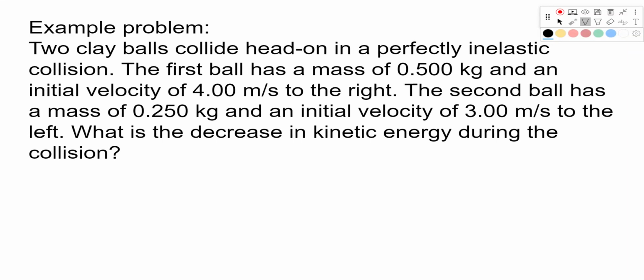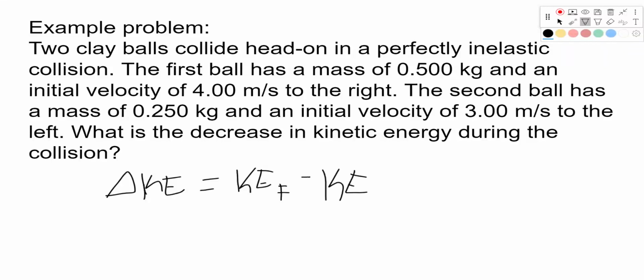Okay, so the equation that I was talking about is our change in kinetic energy equation where we have kinetic energy final minus our kinetic energy initial being change in kinetic energy.